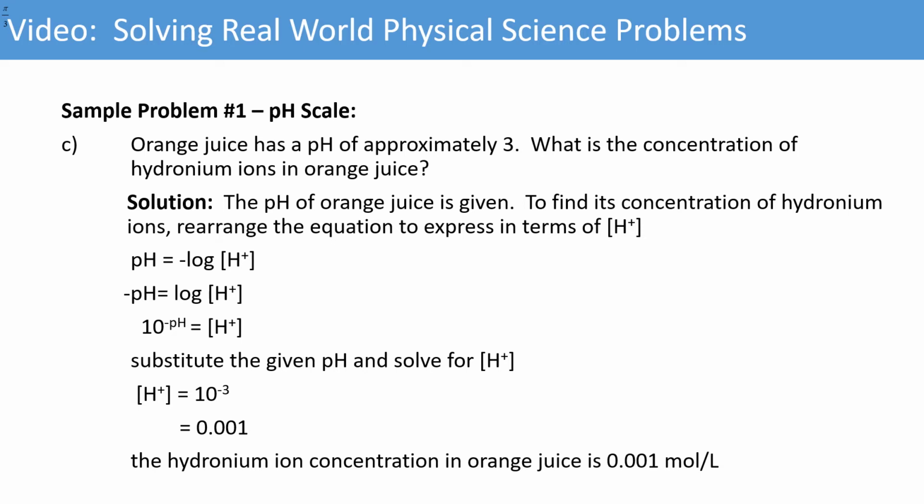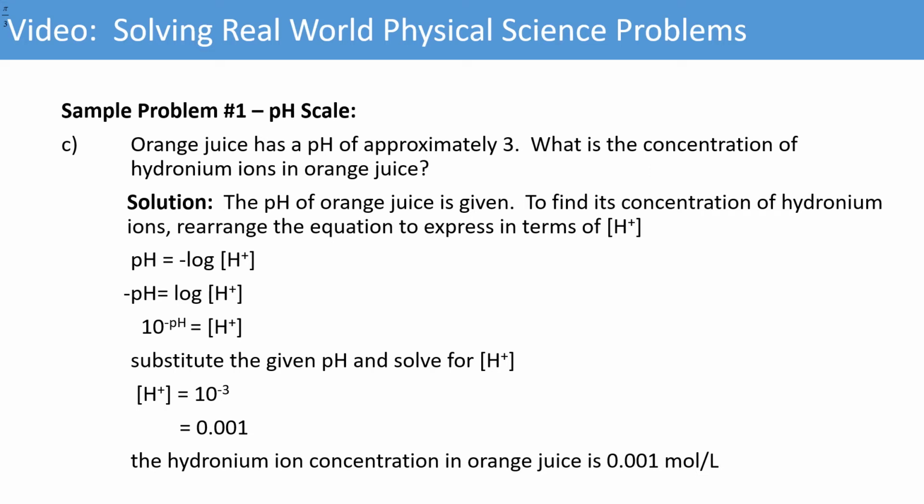Rearrange the equation to express it in terms of H+. So we know that pH is equal to negative log of H+. Negative pH is log of H+. 10 to the negative pH is equal to H+. That gets rid of the log.